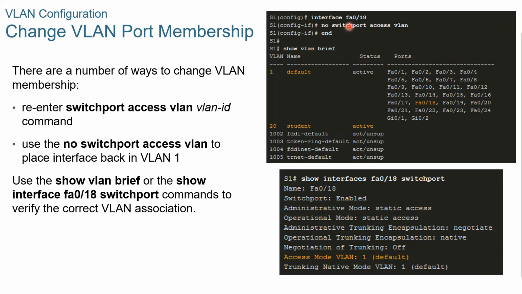Now, the show interfaces Fa0/18 switchport output can also be used to verify that the VLAN for interface Fa0/18 has been reset to VLAN 1, as shown here. If you observe here, after we execute show interfaces Fa0/18 switchport, the access mode now is VLAN 1 or default.